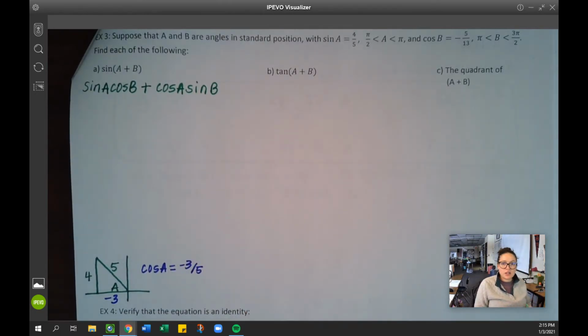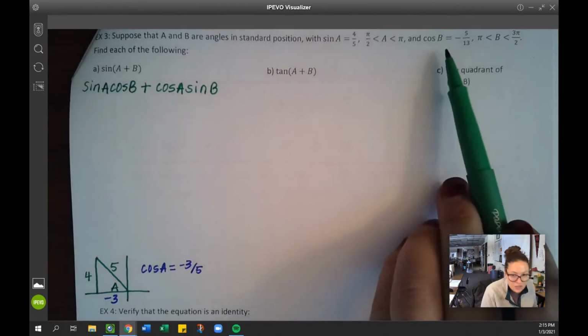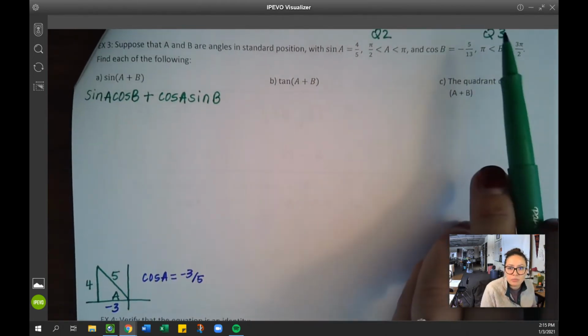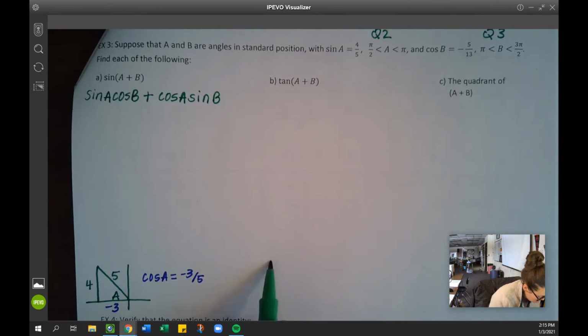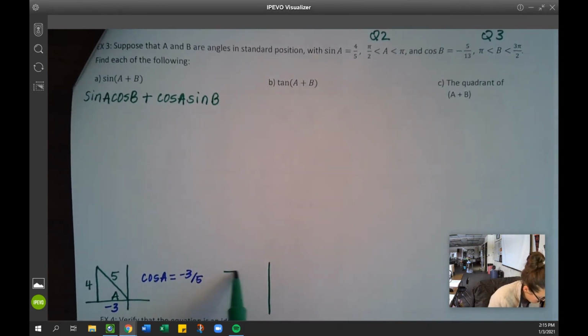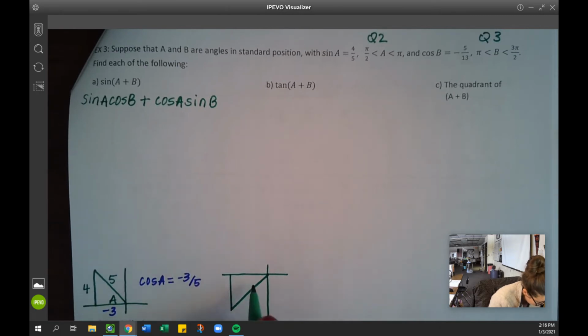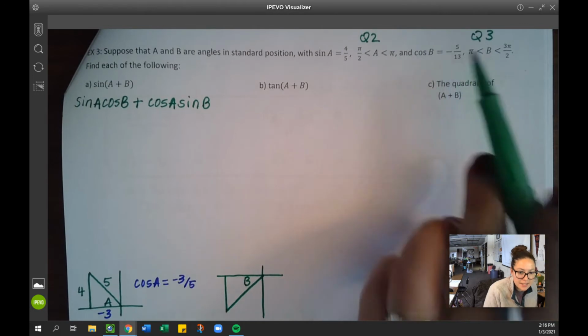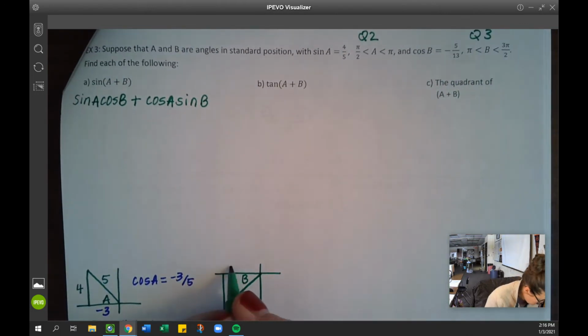All right, now let's also do angle B. And remember, angle B is in quadrant 3, so make sure you're drawing your triangle accordingly. And we're told that cosine B is negative 5/13, adjacent over hypotenuse.